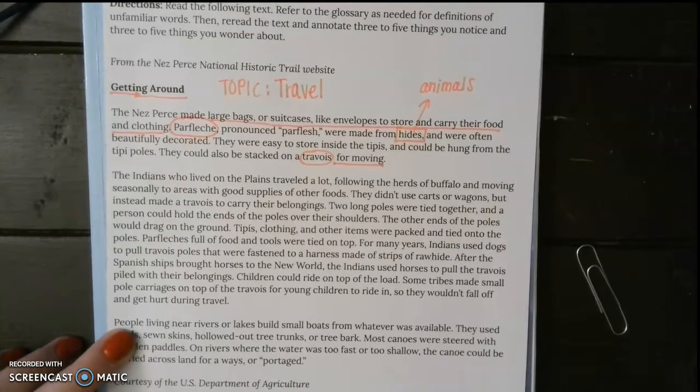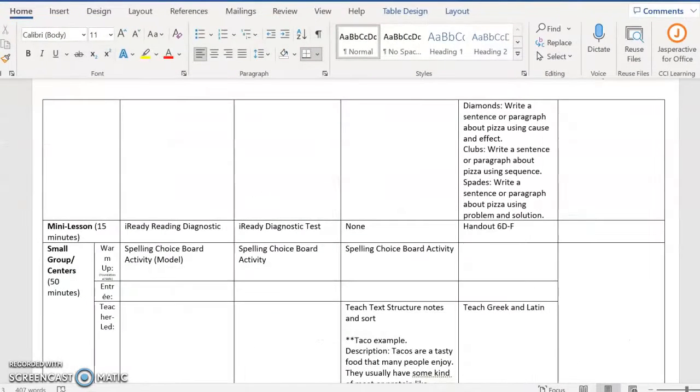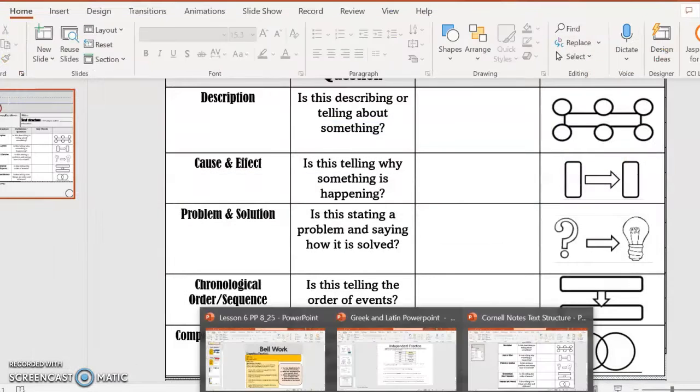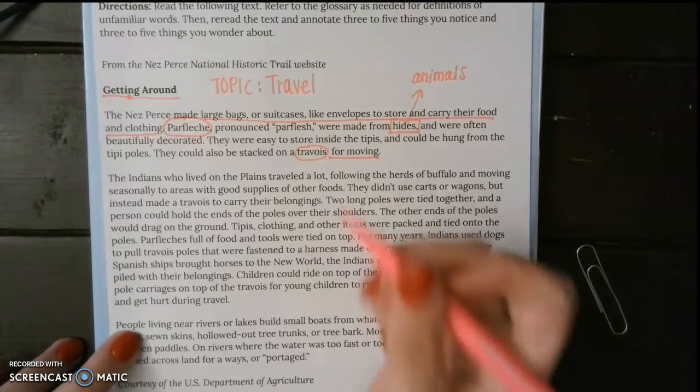So if I go back to my questions, is this describing or telling me about something? Absolutely. This article is telling me all about how the Native Americans traveled. The Indians who lived on the plains traveled a lot, following the herds of buffalo and moving seasonally to areas with good supplies of other foods.